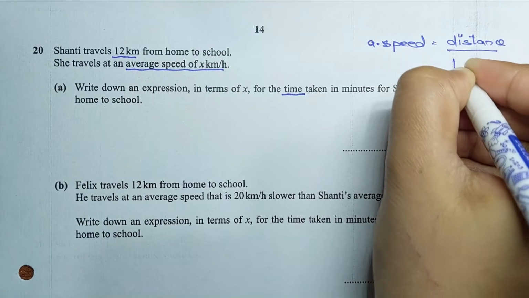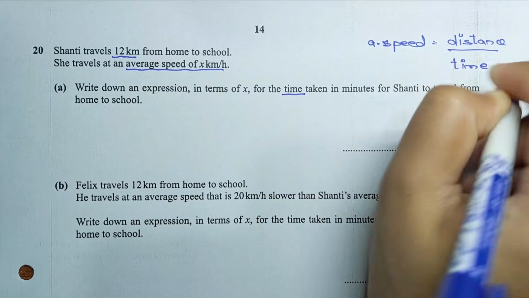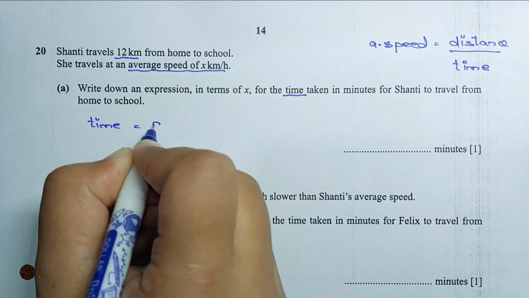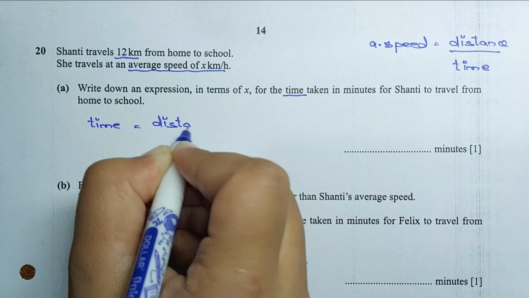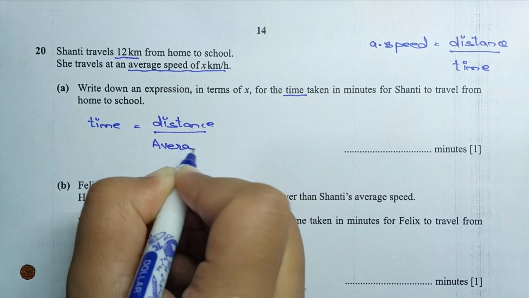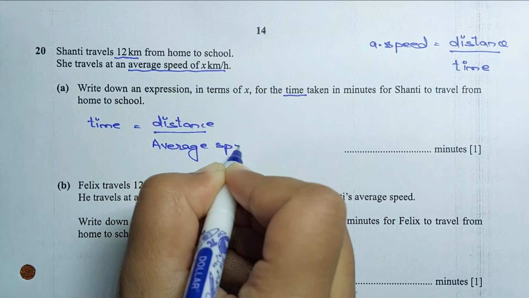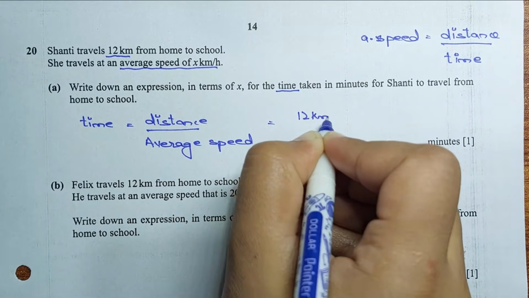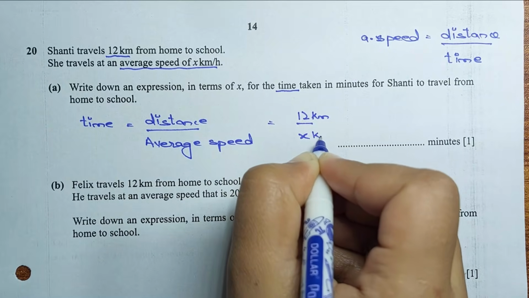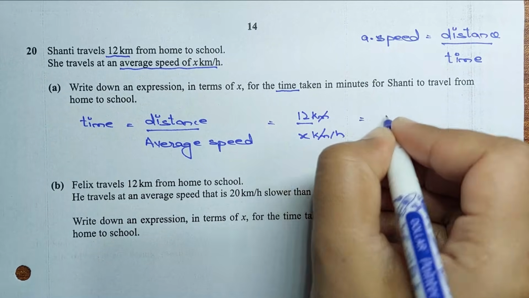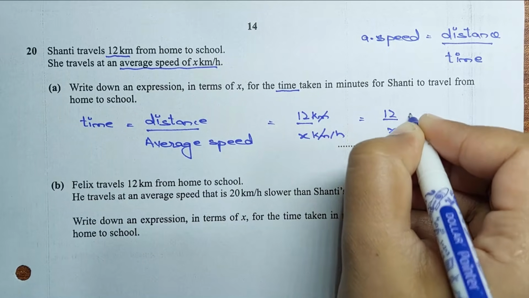Distance over time. And what is the time? We have to do the cross multiplication. So we can say the time is going to be distance over the average speed, right? So the distance is 12 km and the average speed is x km/h. Kilometer cancels out with kilometer, so we have the answer 12 over x hours.